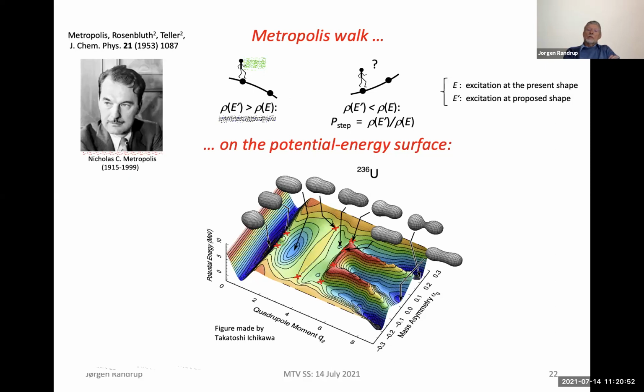But maybe could I add just one thing to this? I can't show it here, but I mentioned briefly that there was this very notable experiment by Andreev and others that showed that mercury 180 fissions asymmetrically, right?